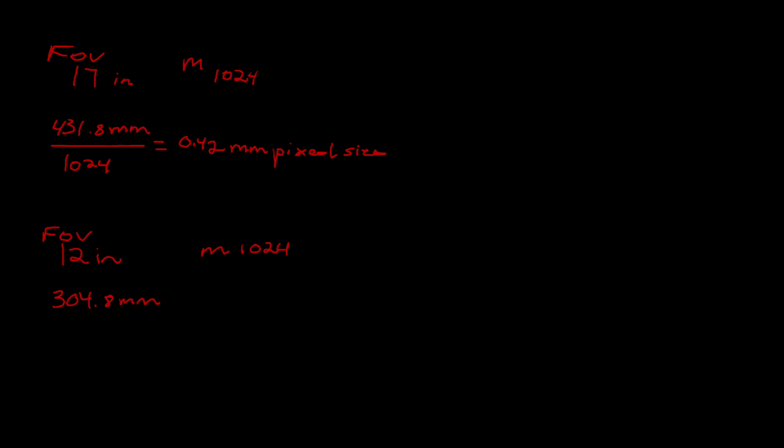So we need to divide 304.8 millimeters divided by 1024, and that's going to equal your new pixel size, which is 0.30 millimeter pixel size.